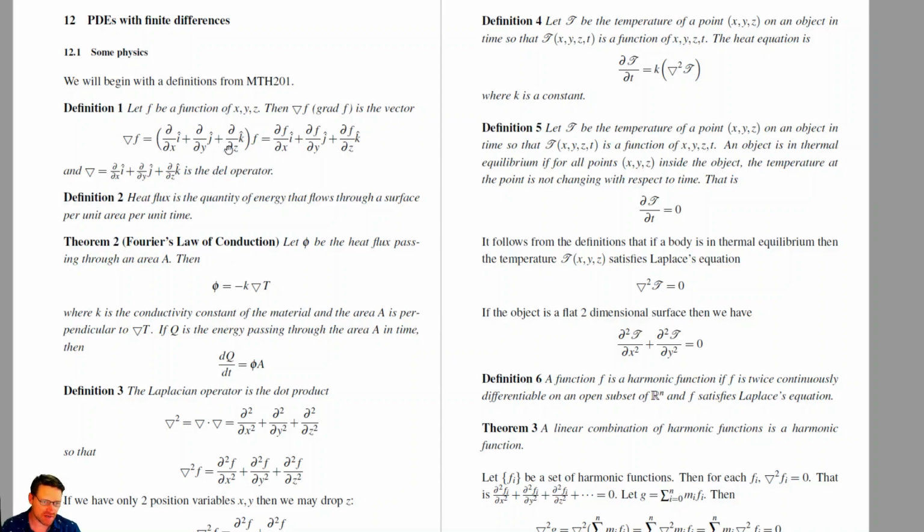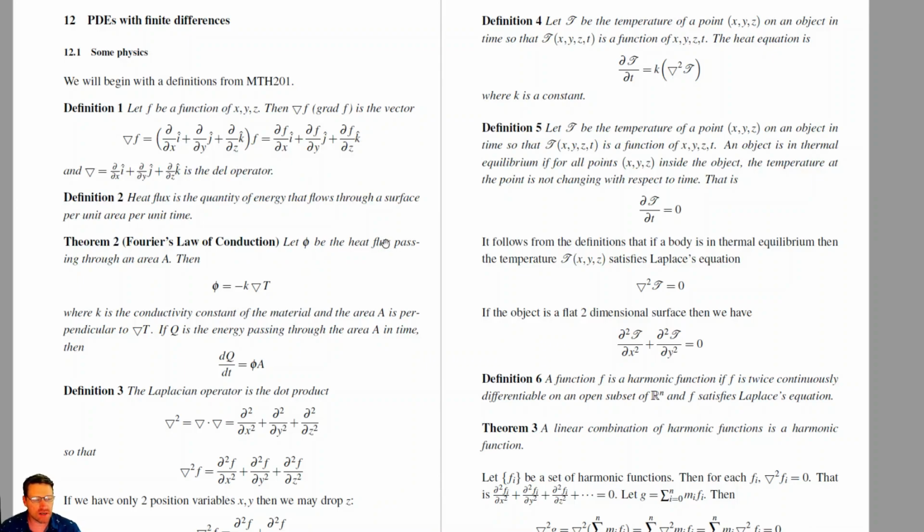So this here is a vector operating on f, and so we have the partial derivative of f with respect to x in the i direction, partial derivative of f with respect to y in the j direction, and partial derivative of f with respect to z in the k direction. So this upside down triangle here is called the del operator.